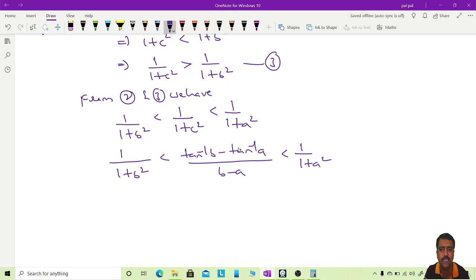When we multiply all terms by b minus a, we get b minus a divided by 1 plus b square is less than.